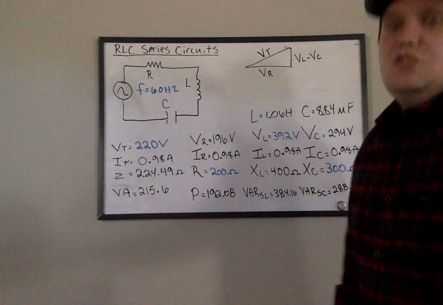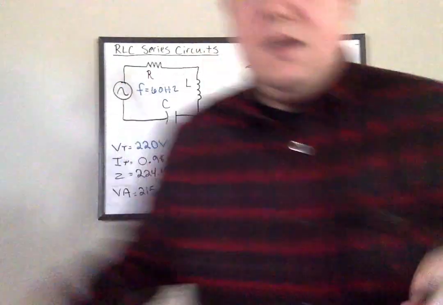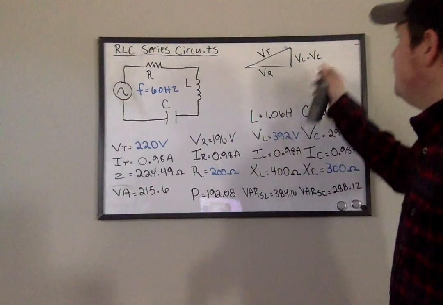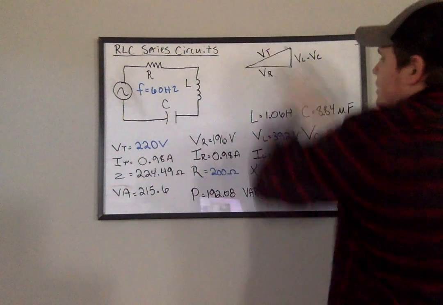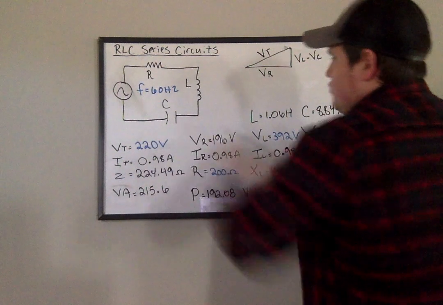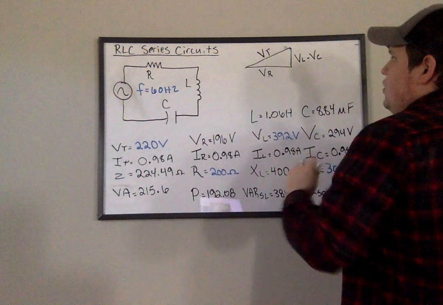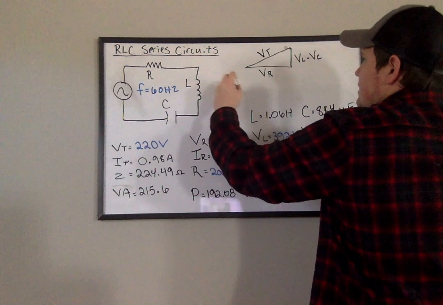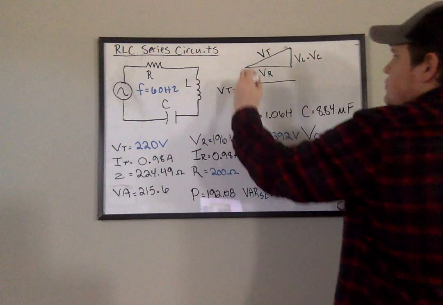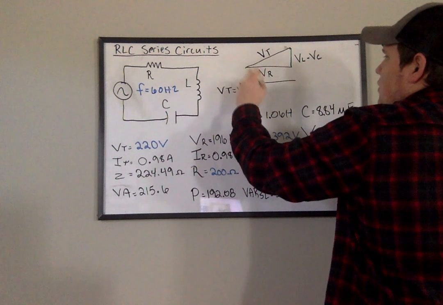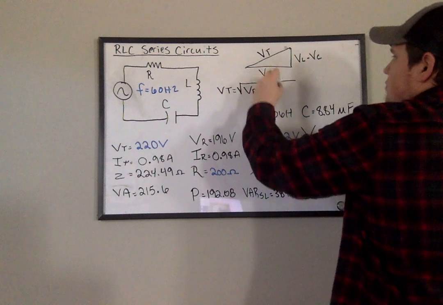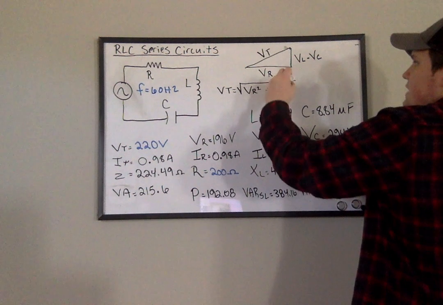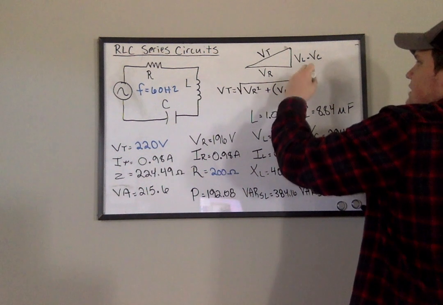So what we're going to do is set this up into a triangle. What we're going to end up with is VT is equal to the square root of VR squared plus parentheses VL minus VC squared.